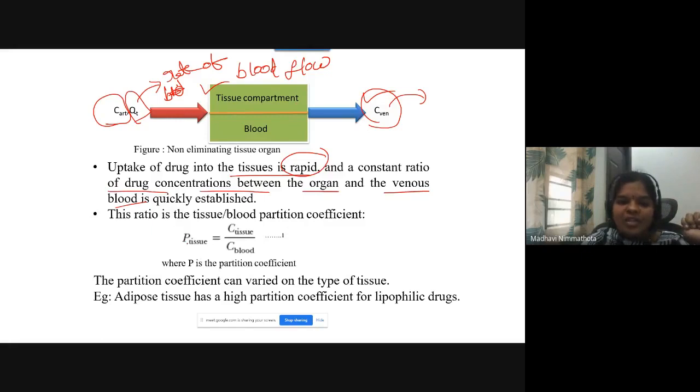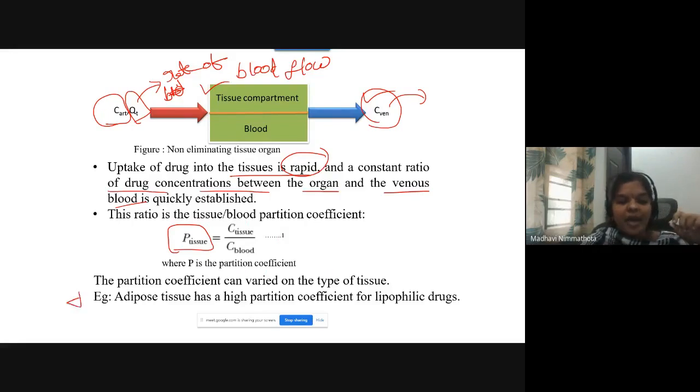So you have to estimate the tissue blood partition coefficient, that is P of tissue equals C of tissue divided by C of blood, that is the concentration of the drug in the tissue divided by the concentration of drug in the blood. So this states the partition coefficient of the drug between the tissue and the blood. This is equation 1. P is the partition coefficient here.